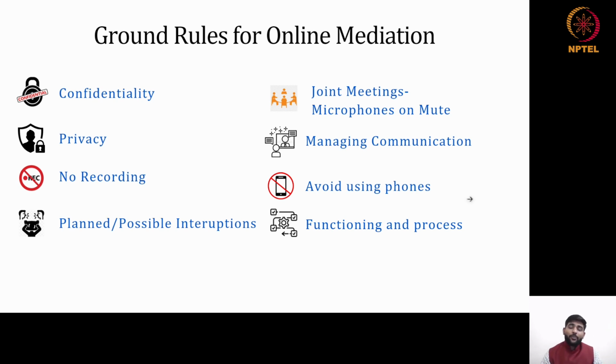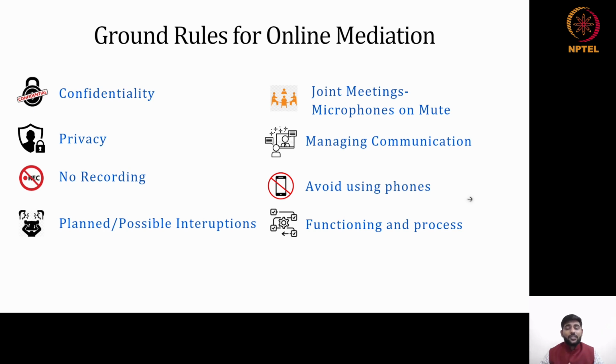Mediation being a voluntary process, in an online mediation when one party is speaking and the mediator is listening to that party, the other party may fear that the mediator is lenient or biased toward one party. Under that circumstance, the mediation may fail. So the mediator has to be very articulate while managing the communication.